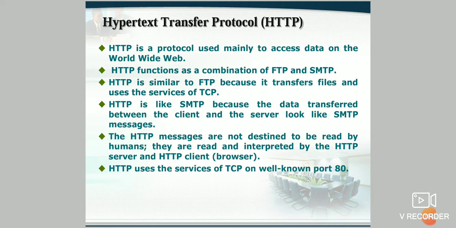HTTP more or less provides the functions which are provided by FTP and SMTP. It is similar to FTP, because it transfers files and uses the services of TCP, and it is much simpler than FTP because it uses only one connection, whereas FTP uses two connections: one is the data connection and the other is the control connection.